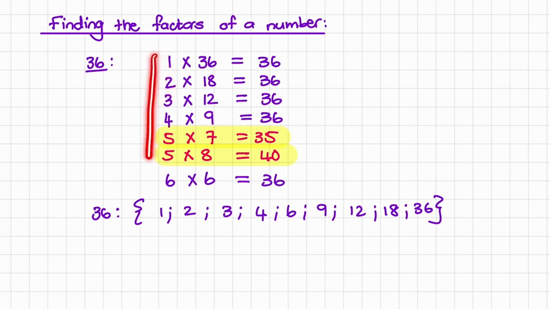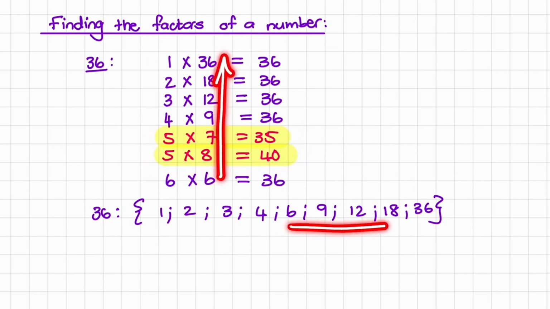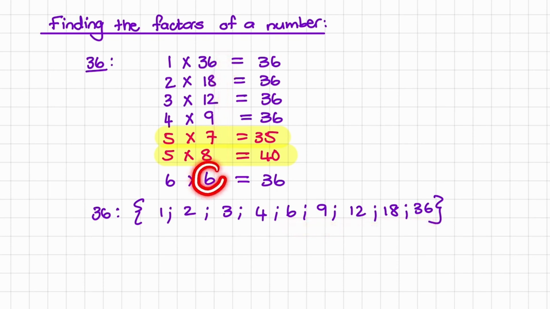So I went down this line all the way up until 6, ignoring 5. Then I started this side and I went up to find the last few numbers. I already have 6, so I don't write 6 twice. I can ignore 8 and 7 because they are not factors of 36. Then the next numbers are 9, 12, 18, and 36. And that is the values in my answer.